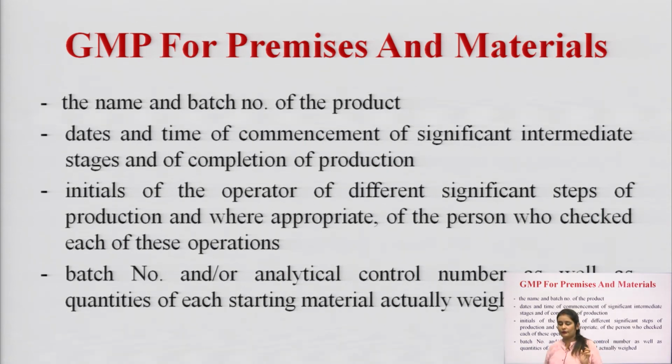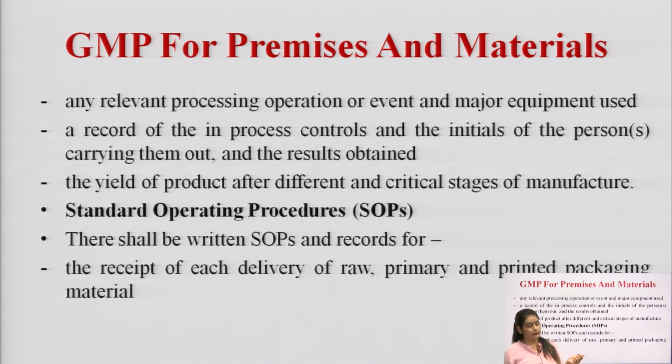Batch number and/or analytical control number as well as quantity of each starting material actually weighed should also be included in the batch processing record. Any relevant processing operation or event and major equipment used should also be mentioned over there.